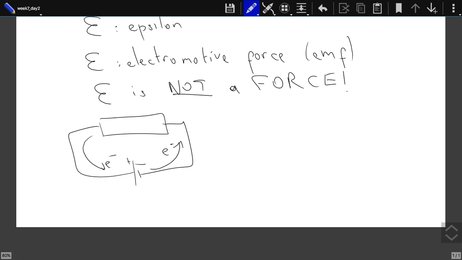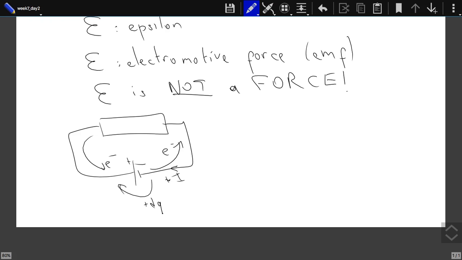Well, you see, this is a high potential, so this is a low potential energy region for the electron. This is the high potential energy region for the electron, and we said that the battery just gives some potential energy to the electron. It moves the electron from a lower potential energy to a higher potential energy. Or if we imagine in terms of these imaginary positive charges, it moves positive charges from low potential to high potential.